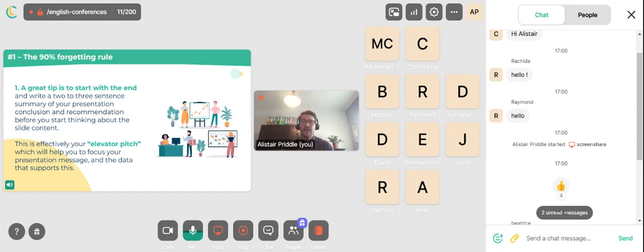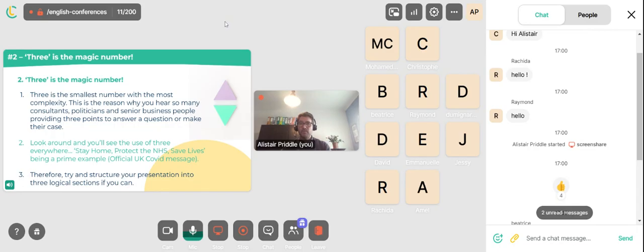This is effectively your elevator pitch, which will help you to focus your presentation message and the data that supports this.